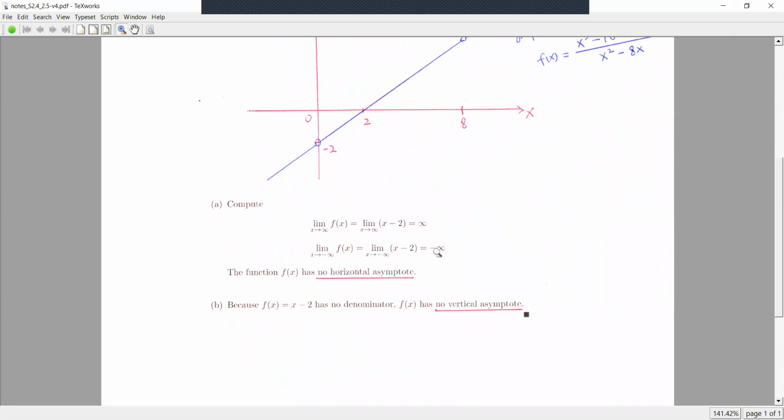Because no finite number, the function has no horizontal asymptotes. Part B, find vertical asymptotes. Because the function has no denominator, the function has no vertical asymptote.